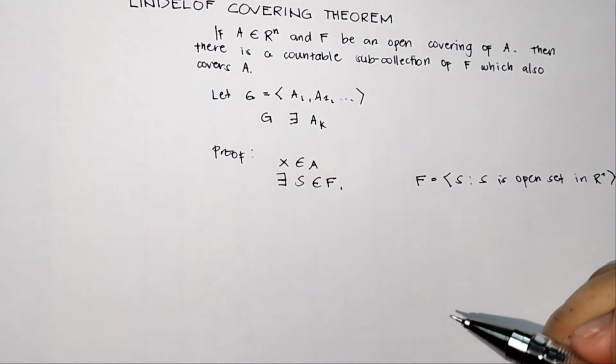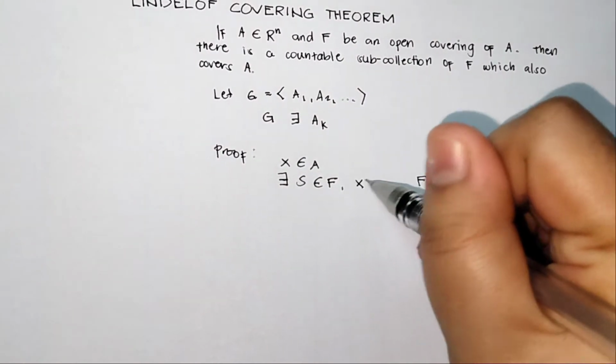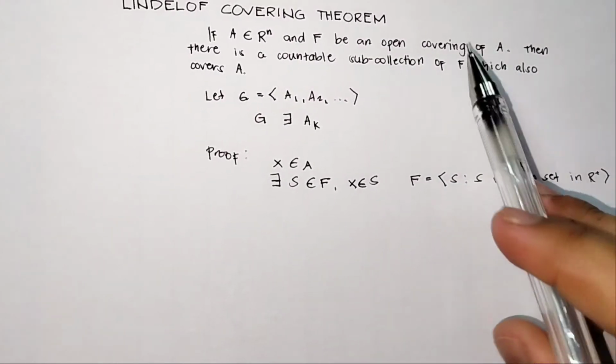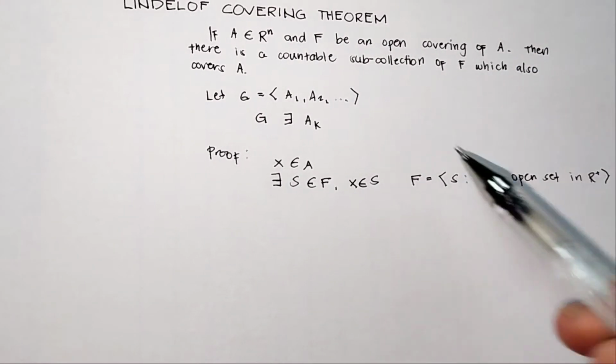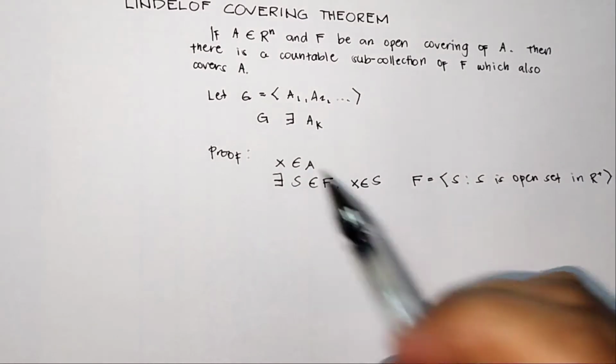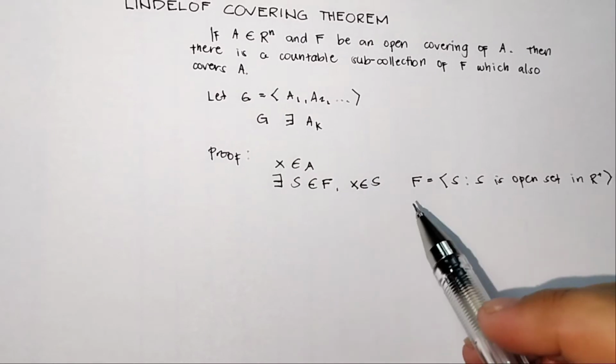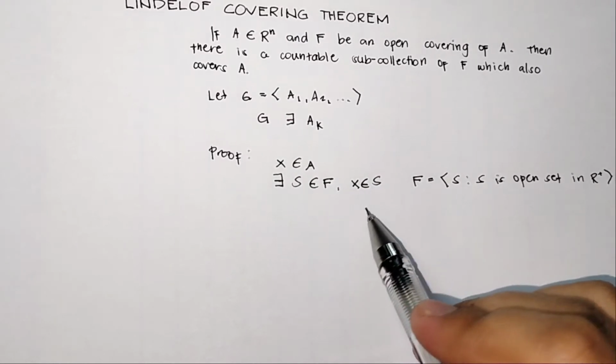Then x is also an element of S, because F covers A, right? So x belongs to A and S is an element of F. So for x, there is an S.